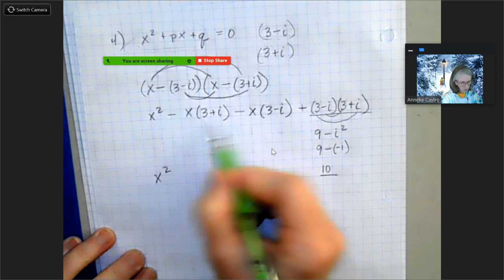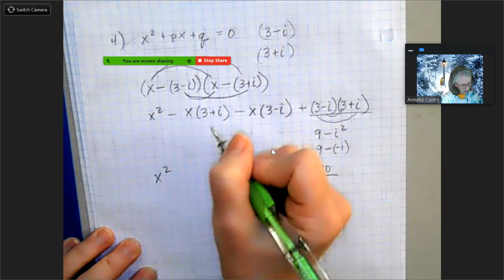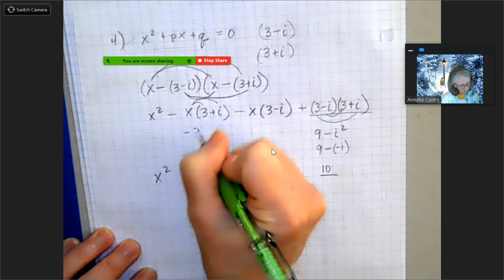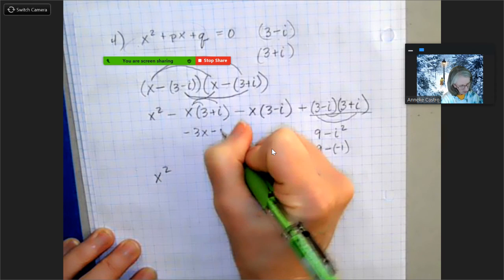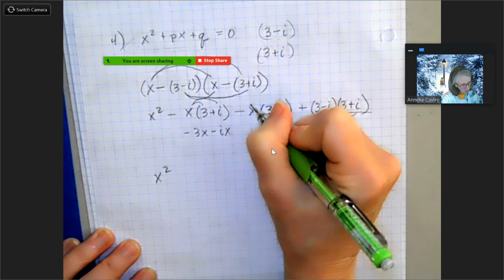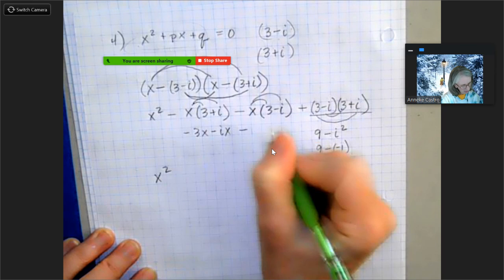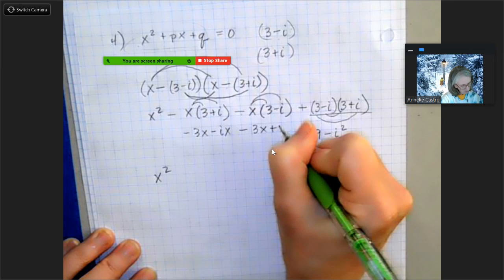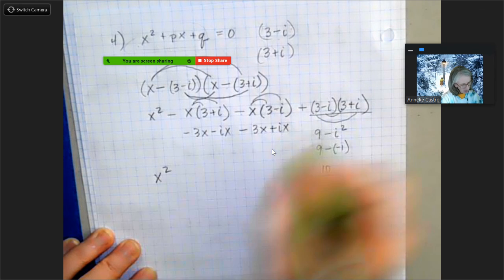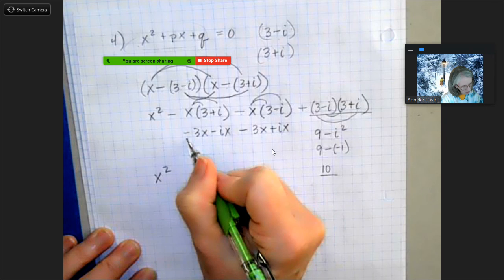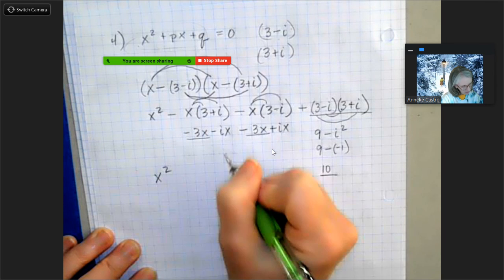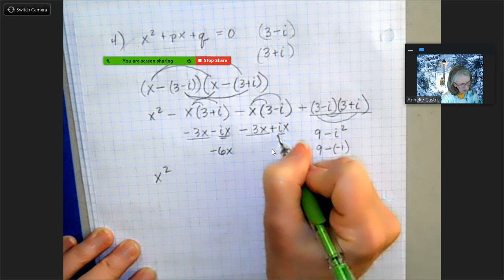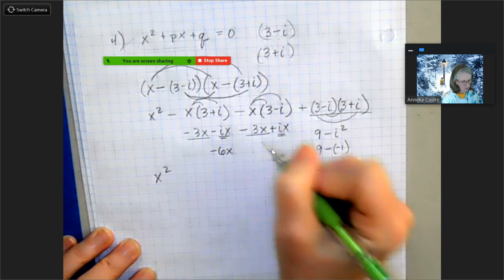Now we have to do the middle terms here. So I'm going to distribute my negative x, and I get negative 3x minus ix. And I'm going to distribute this one, and I get negative 3x, and negative times a negative gives me positive ix. Then I combine my like terms. Negative 3x and negative 3x is negative 6x. And then negative ix plus ix, those cancel out. How sweet is that?